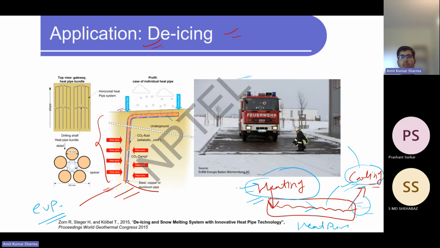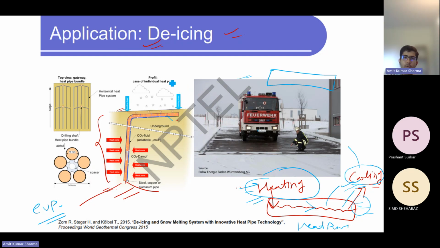Okay? Because the cooling is taking place of the water, because water is in vapor state, and if the cooling is happening, what is the meaning? That then water vapor is releasing its heat. So what will happen? Then this is your heat pipe.